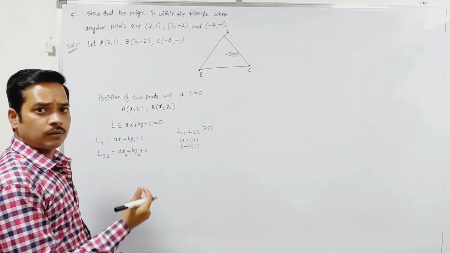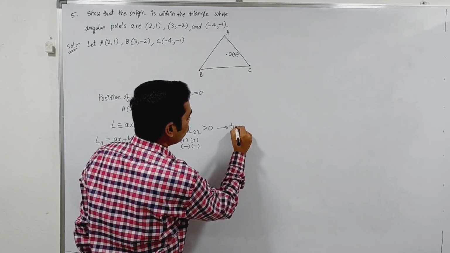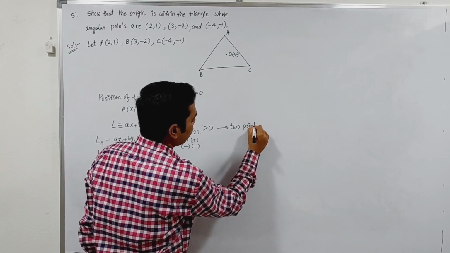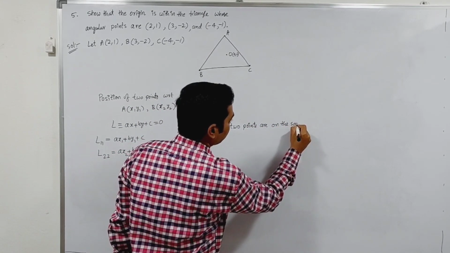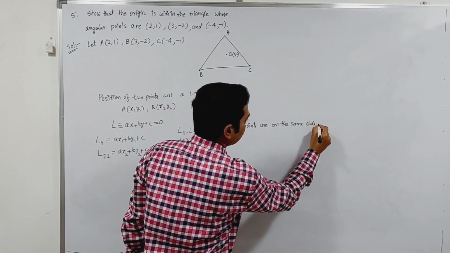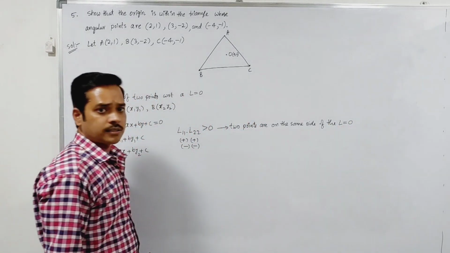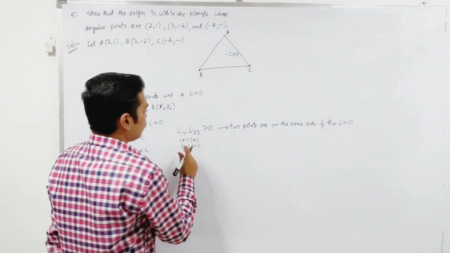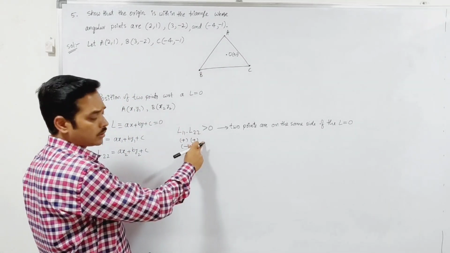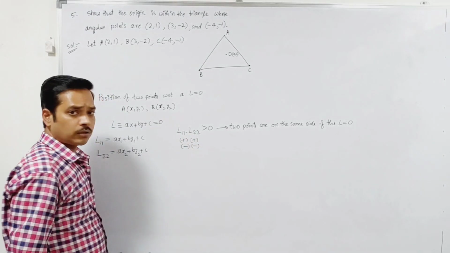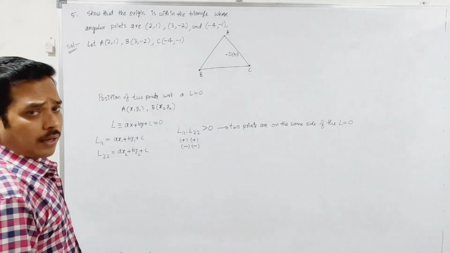If L11 into L22 is greater than 0, that means the given 2 points are on the same side of the line L equal to 0. The same side of the line. If L11 is negative and L22 negative, or L11 positive and L22 positive, the product is greater than 0, and the 2 points are on the same side of the line.